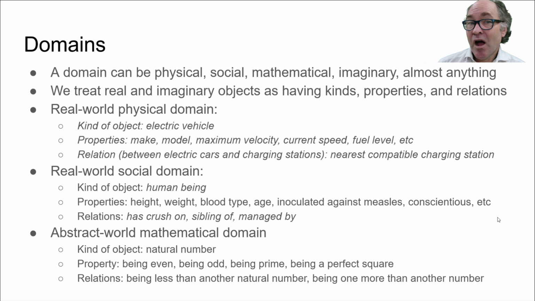Okay, the objects in this world are real, let's say, living human beings. Okay, properties of these objects include height, weight. You can name innumerable properties of people, whether somebody's nice, whether they're gregarious, whether they're healthy or ill, whether they're under 10 or at least 10 years old, and relations.